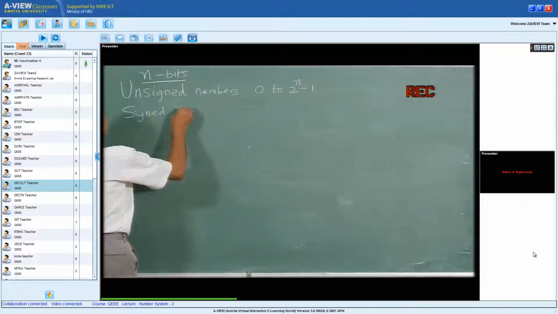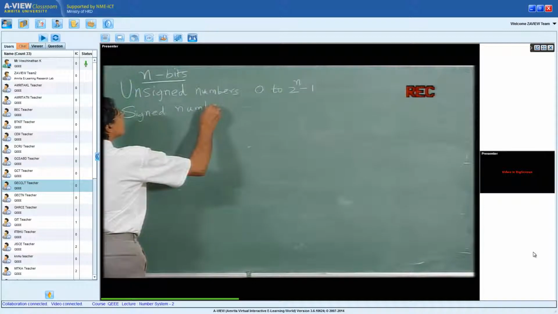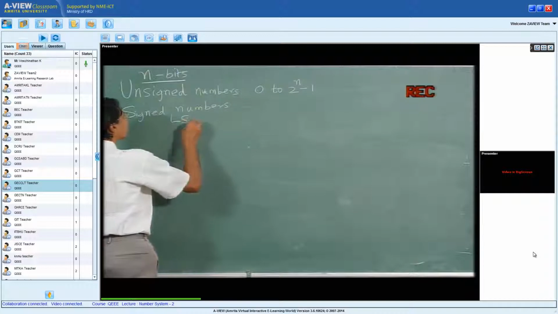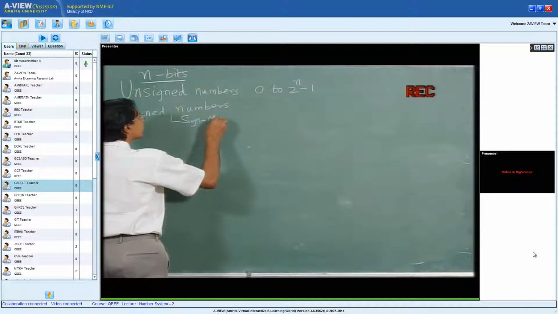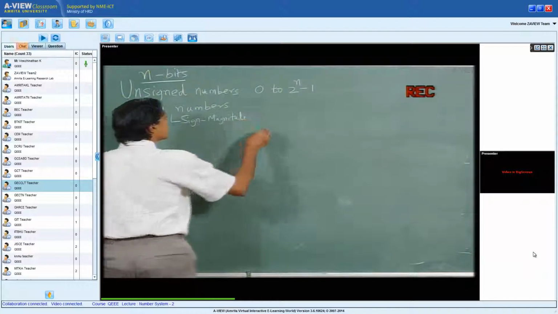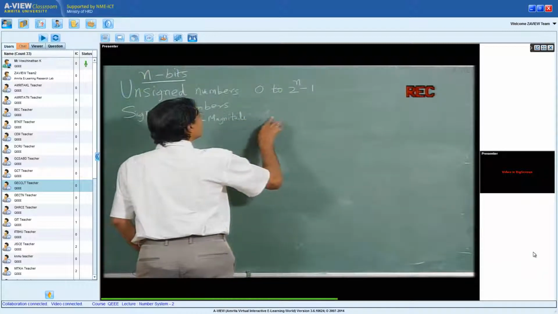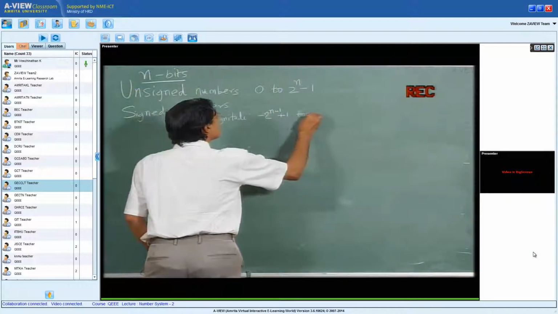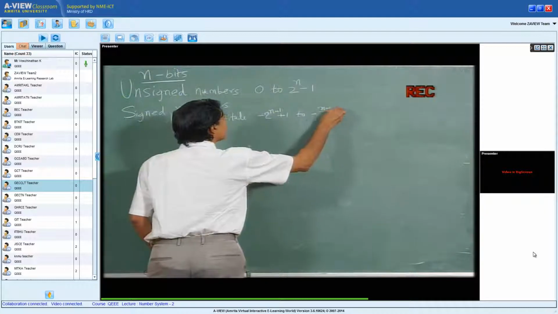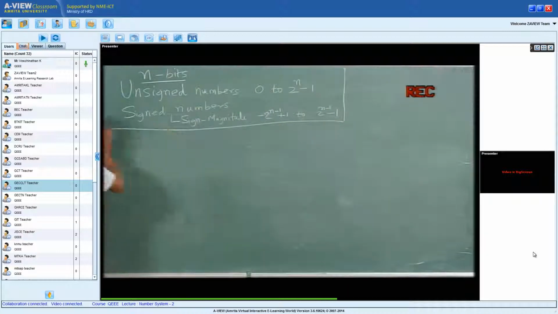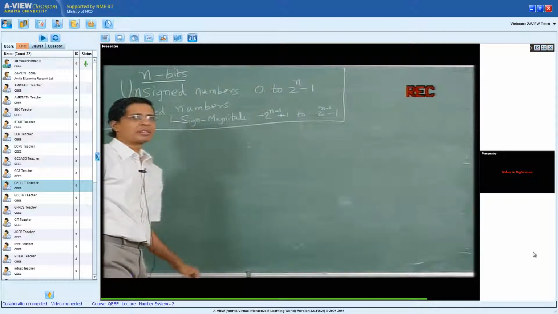Signed numbers in what we call as the sign magnitude representation will be from minus (2 power n minus 1) plus 1 to plus 2 power n minus 1. And already I told a very simple drawback of this.